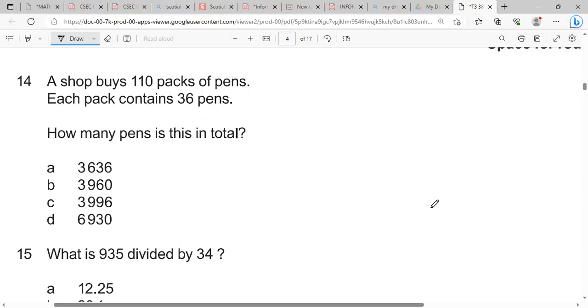Let's go. All right, let's reason it out. So you have 110 packs, and in each pack you have 3 dozen, or 36. So now we have to multiply. All right, let's start with our 6: 6 times 6 is 36, 6 times 1 is 6, 616.